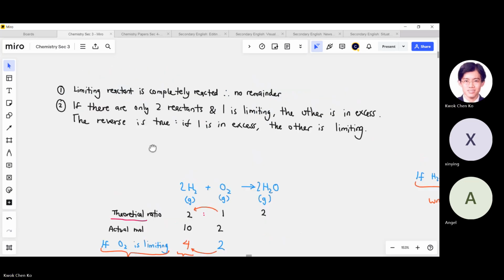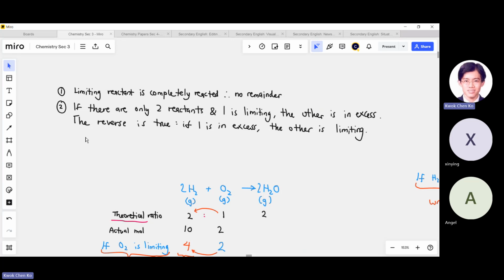Now, it comes to the third point. Why am I so concerned about limiting reactant? Because of this, add in the third guideline. The limiting reactant determines something important. It determines the amount of products formed. This is super important.